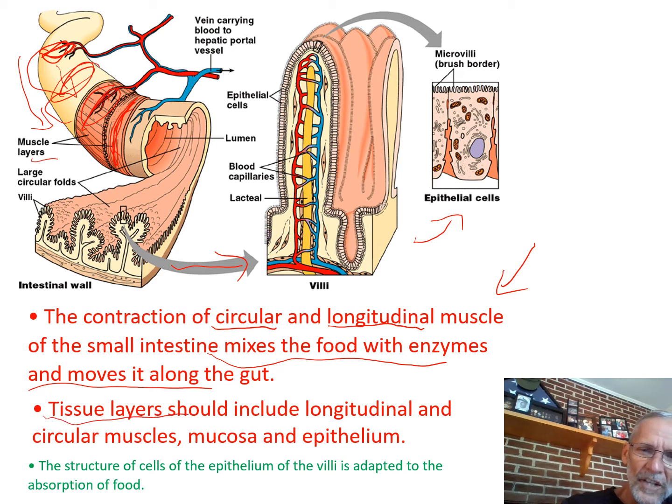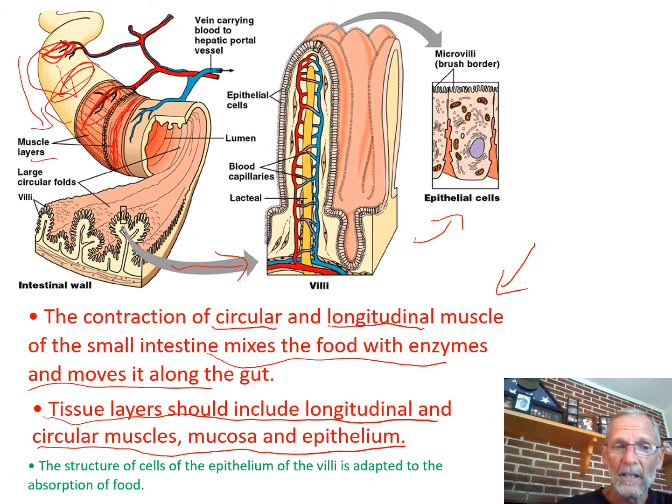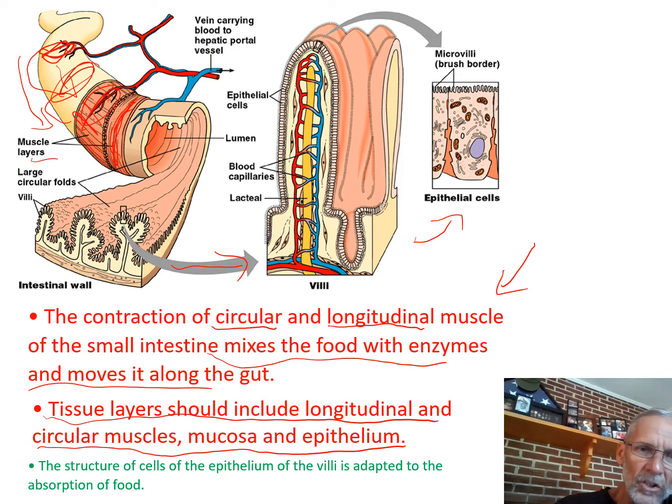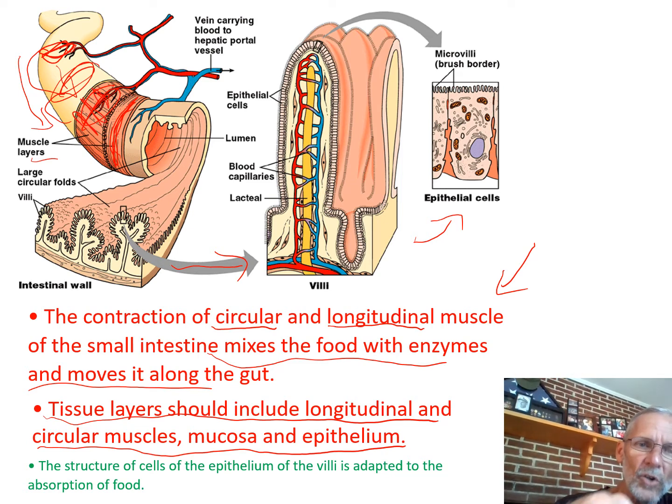Okay, and so here now, look what they did here. This is not like them to be this specific. The tissue layers, they want you to identify, possibly again in a diagram like this one, right, are longitudinal and circular muscles. And again, to identify the two, you'll see little lines. If those little lines are lengthwise, those are longitudinal. If they're going around in a circle in this layer, they would be circular.